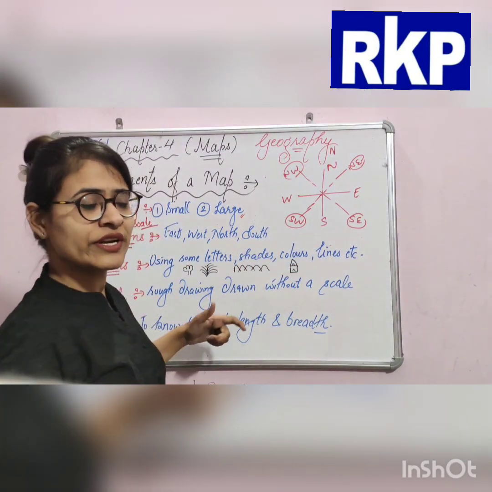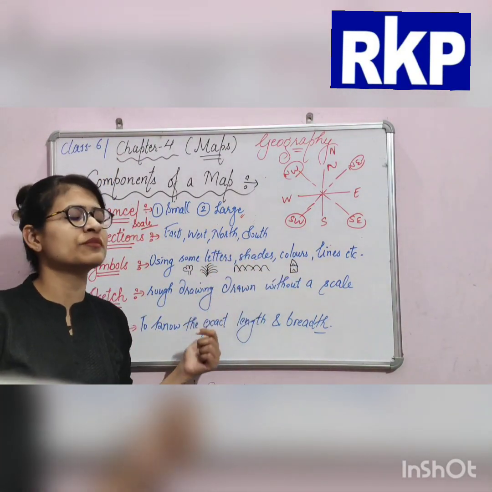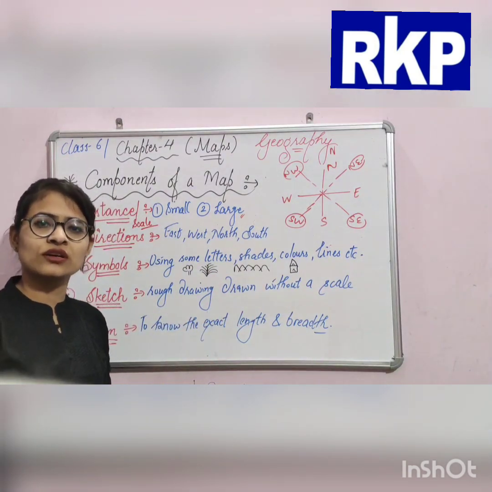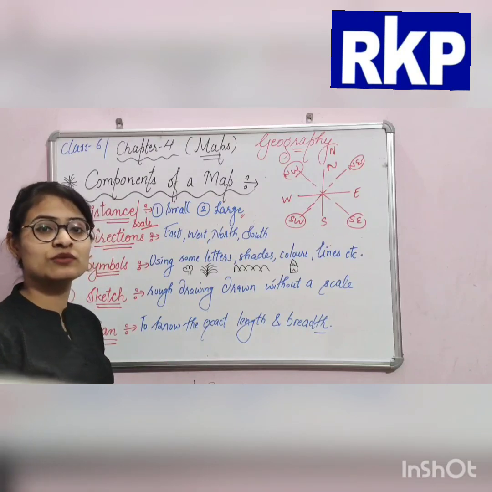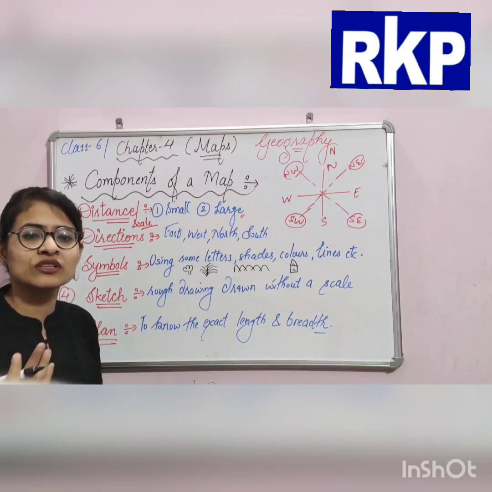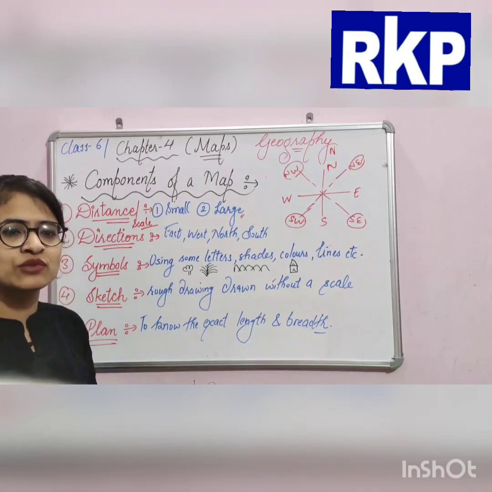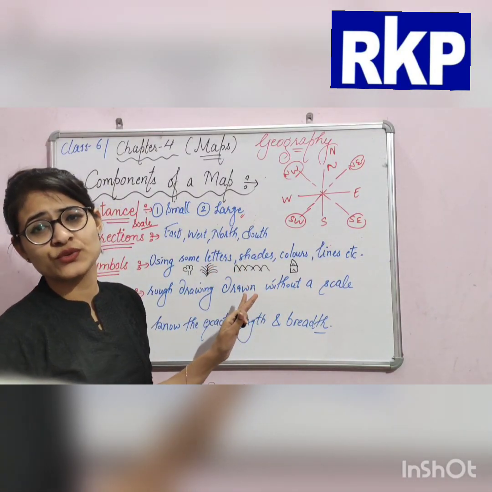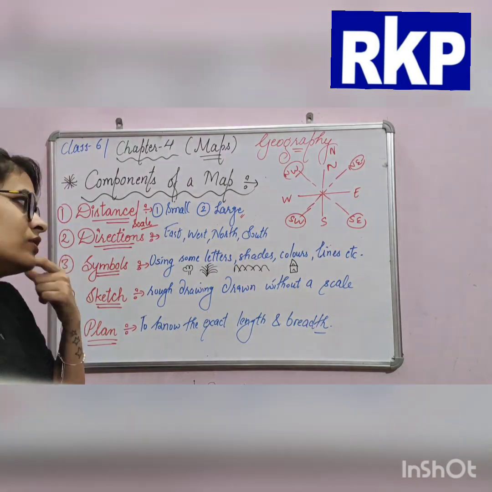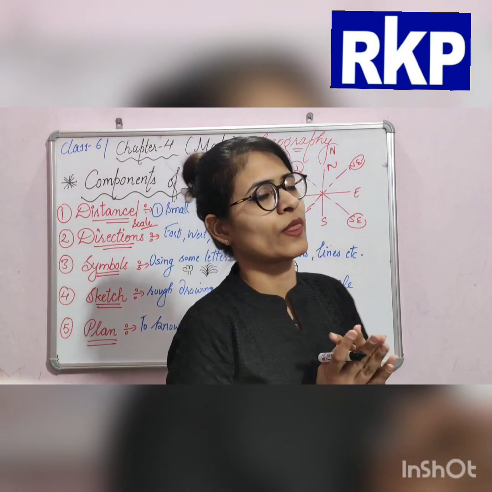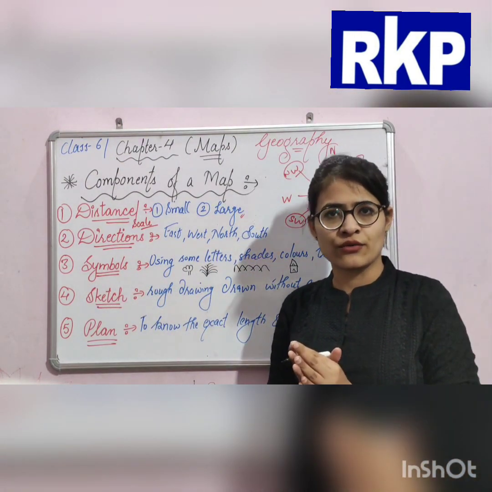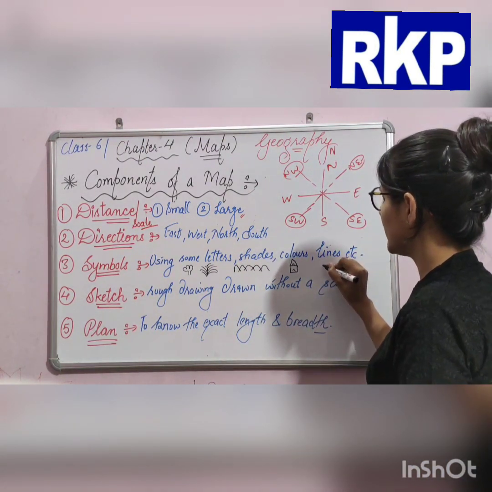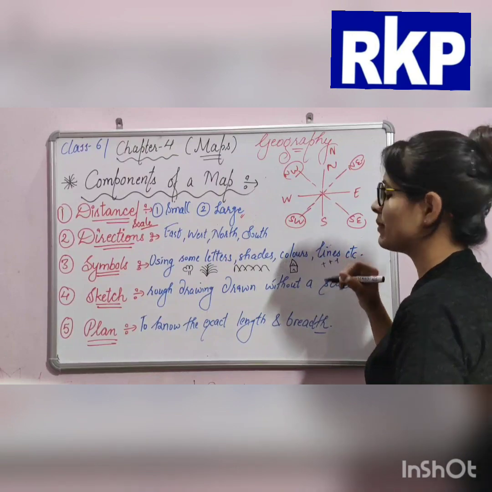So these are different symbols which can be used to show some shapes or some particular things on the map. They can be shown with some letters also, and shades also. Like if a state is producing rice, and we want to show it with a symbol, we can use a plus sign.